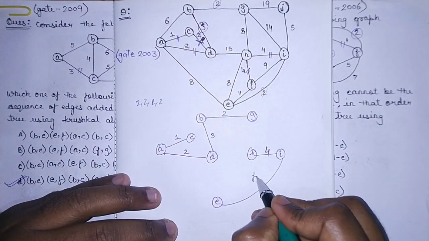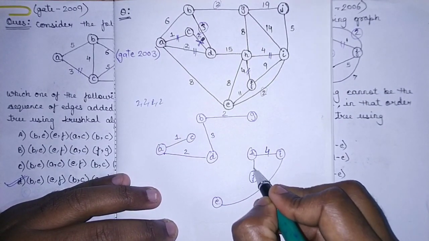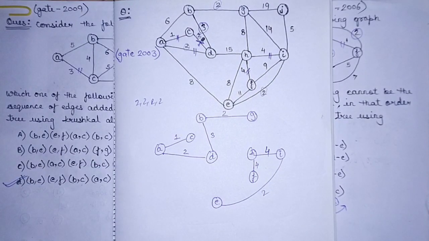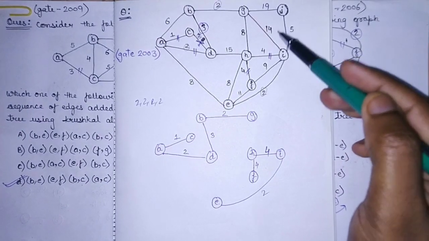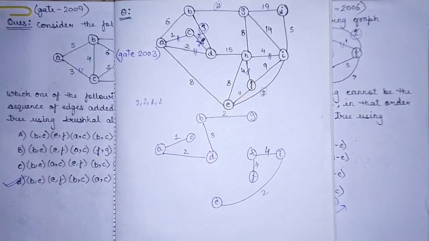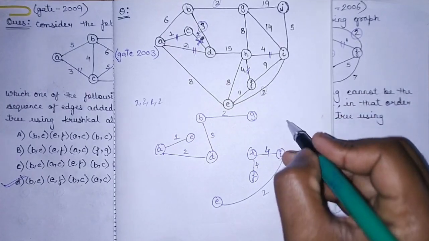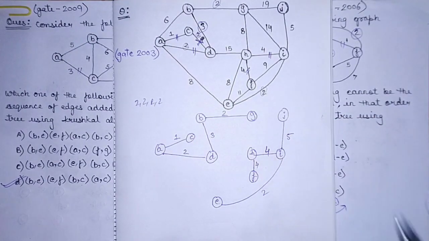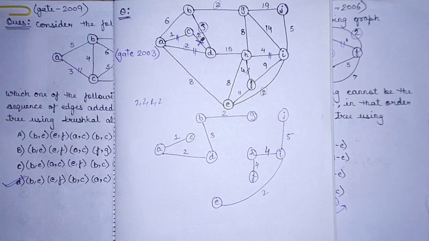Yes, it is not making any cycle, so I can take this next 4 also. After this, the next minimum is 5 and no other edge has value 5. That means I can take this J to I as 5 because it is also not forming any cycle.